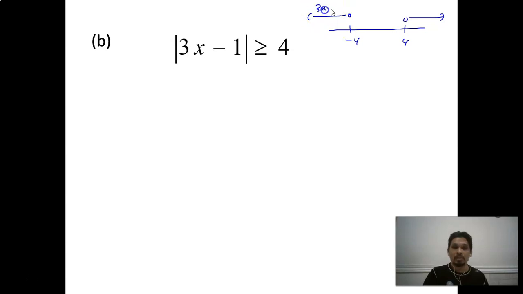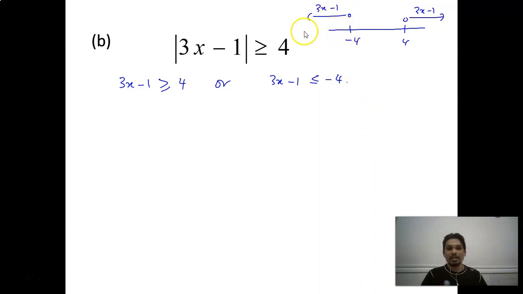So then 3x minus 1 less than or equal to negative 4, or 3x minus 1 greater than or equal to 4.